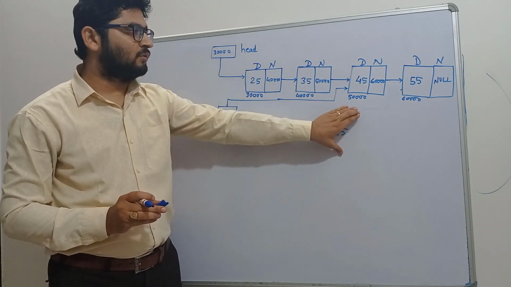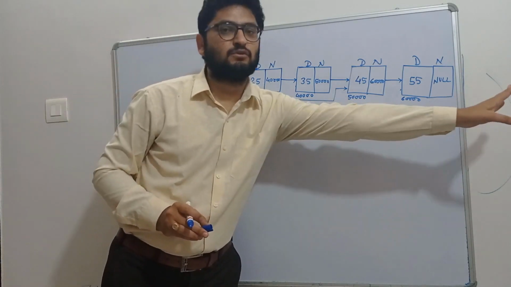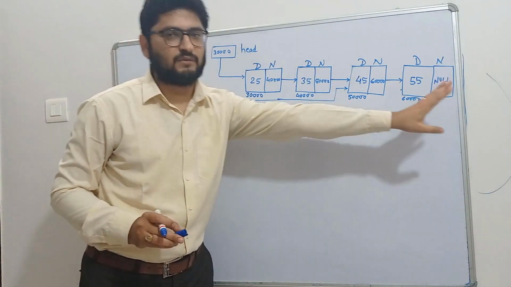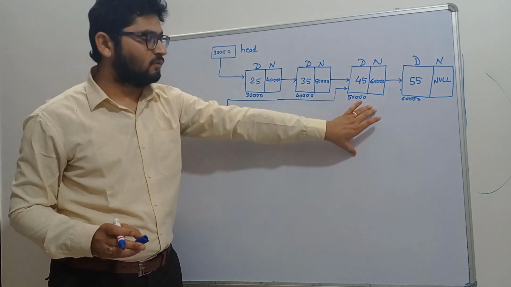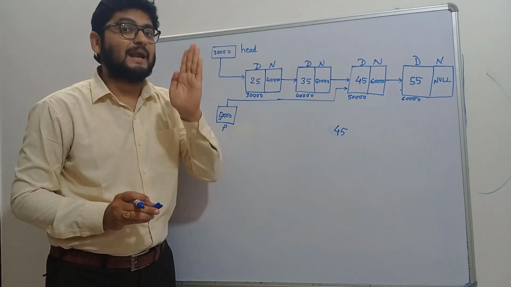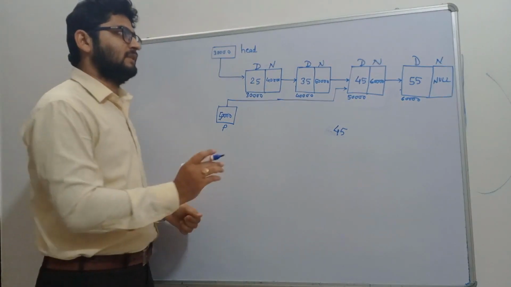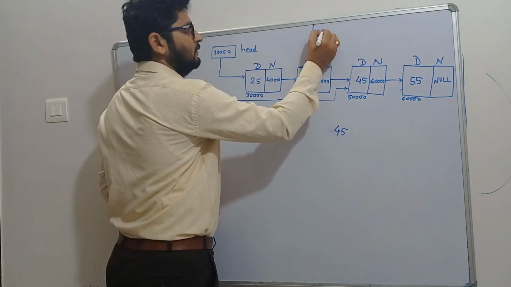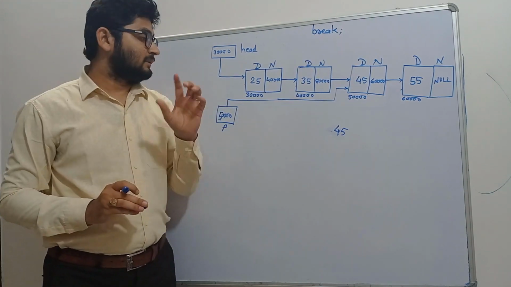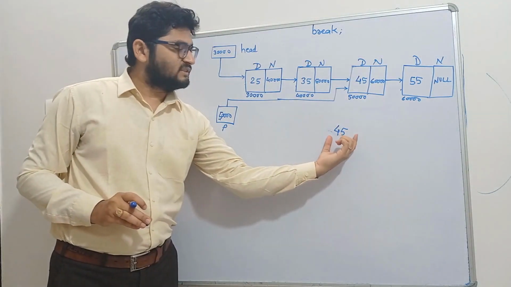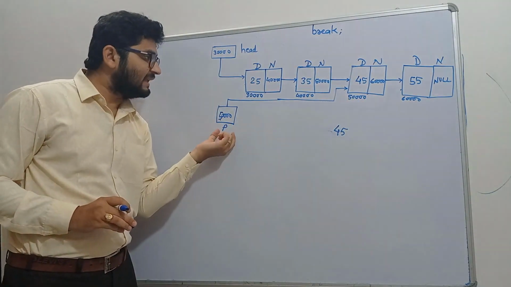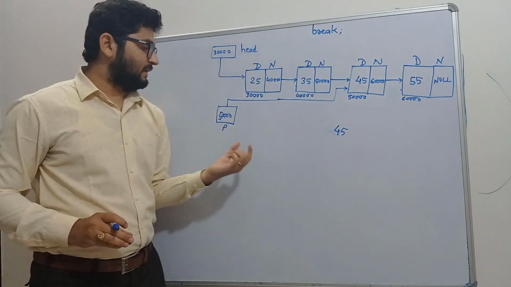Because once the value is found, there is no need to search the next remaining nodes, right? There may be n number of nodes which are after 45. So if the value is found, then there is no need to search remaining nodes. So we have to stop that loop there itself, with the help of break. Okay, so one thing you have to keep in mind is that when the number which we are looking for is found in the linked list, then P never reaches null.